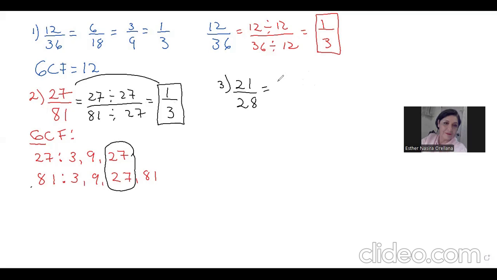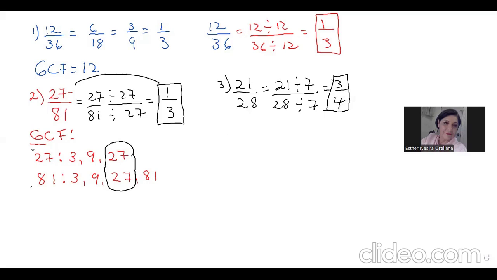So we can do that directly when the numbers are easy. 21 divided by 7 and 28 divided by 7. And my answer is 3 over 4. So 21 over 28 and 3 over 4 are equivalent terms.